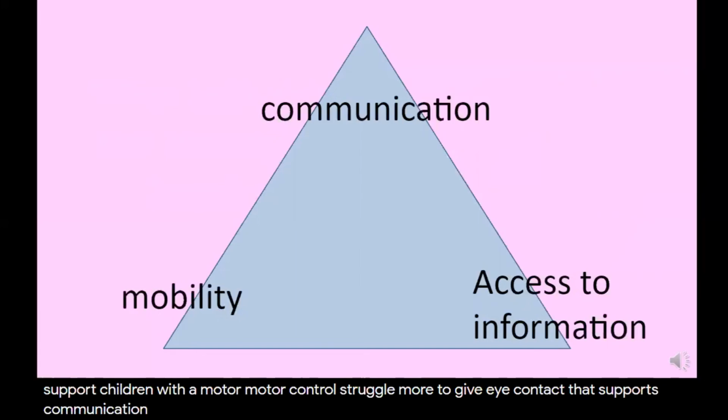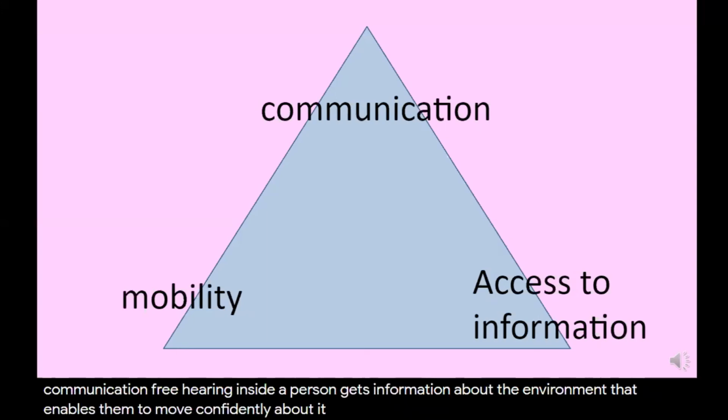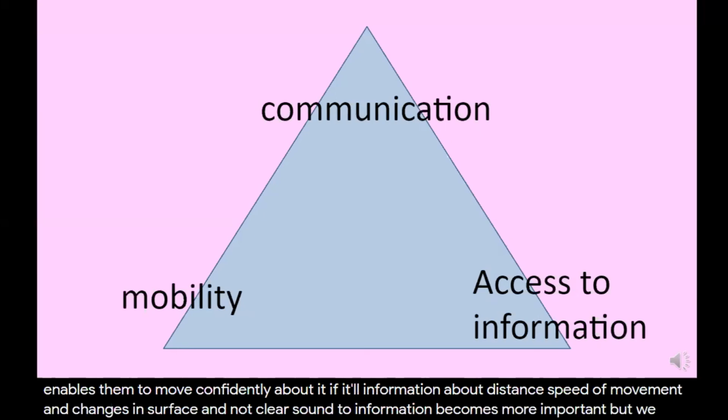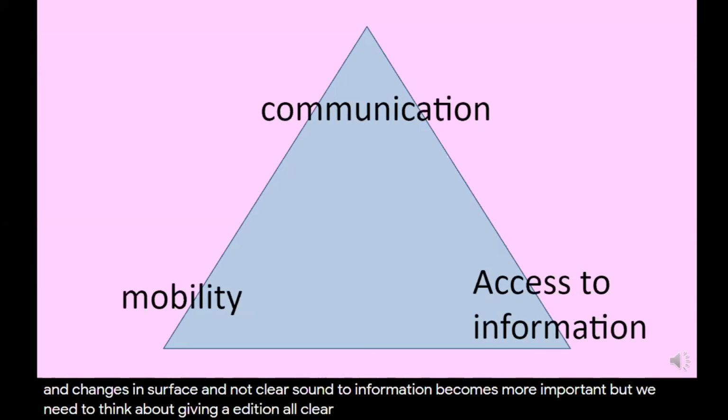Be aware that the fully hearing and sighted person gets information about the environment that enables them to move confidently about it. If visual information about distance, speed of movement, and changes in surface are not clear, then sound information becomes more important. But we need to think about giving it additional clues.